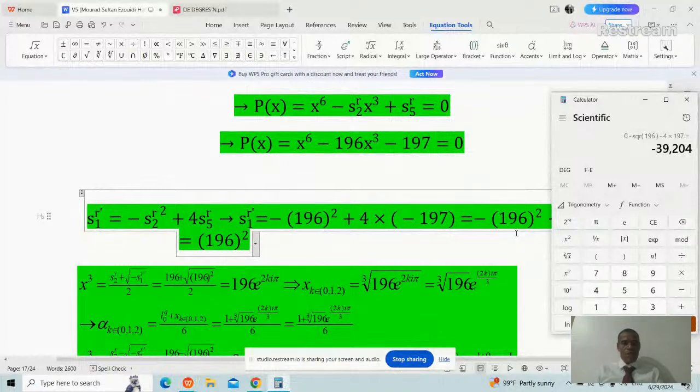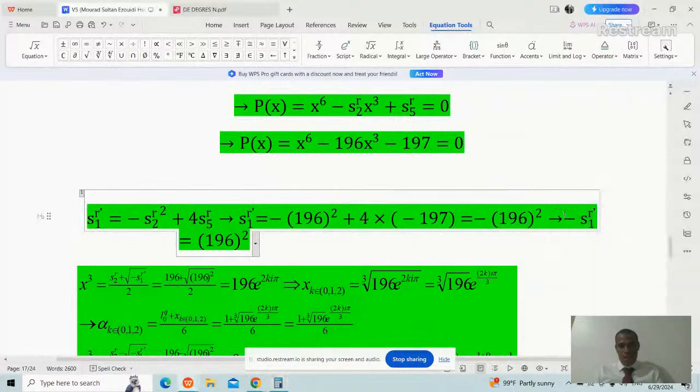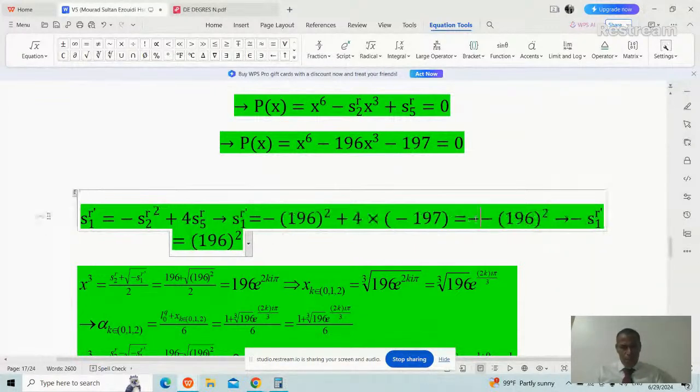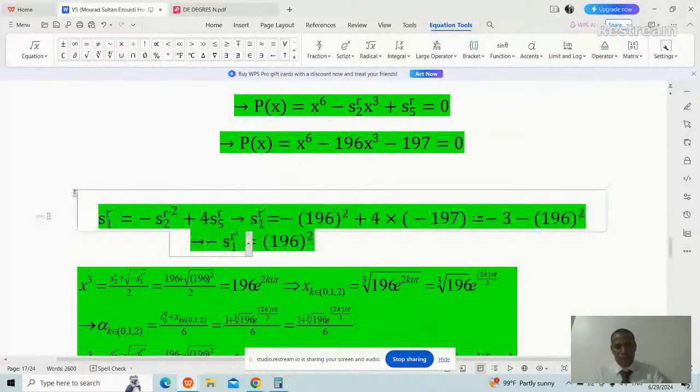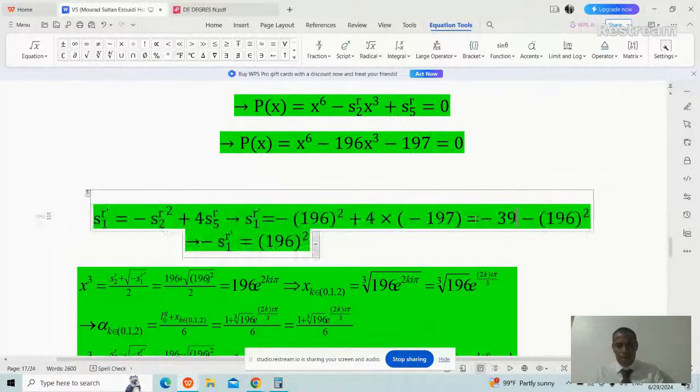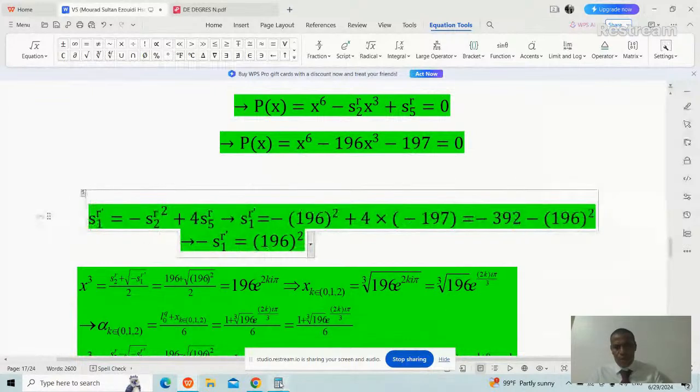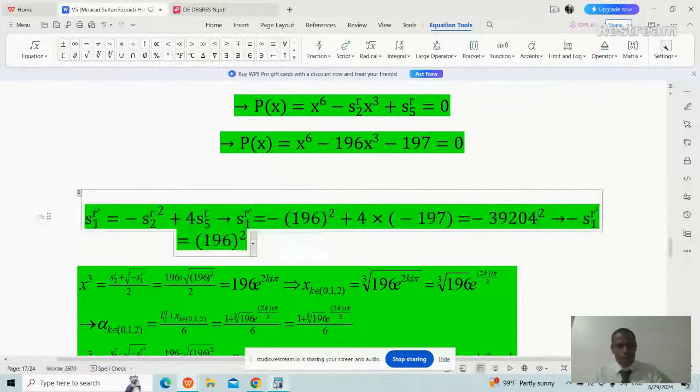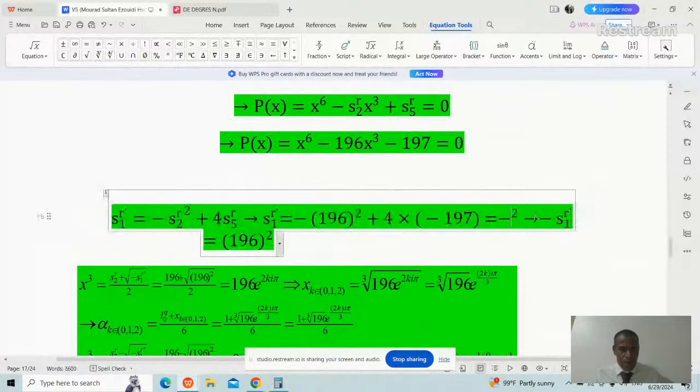This one is equal to negative 39,204. Please be careful.